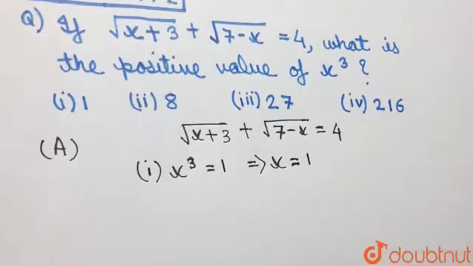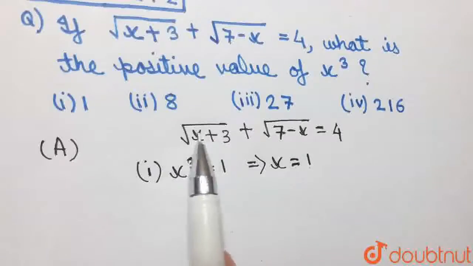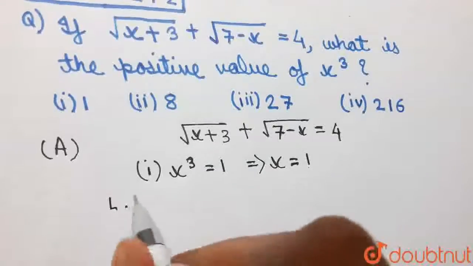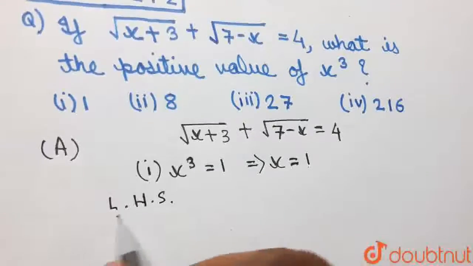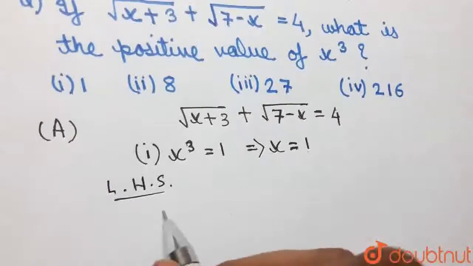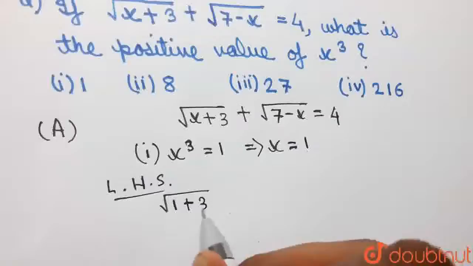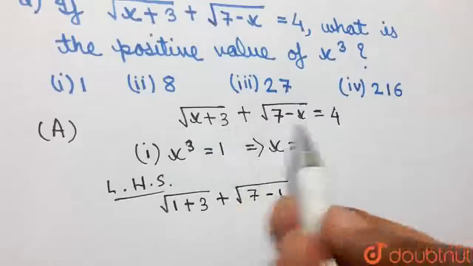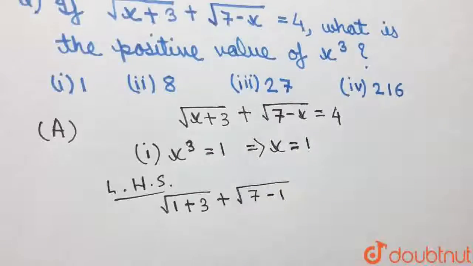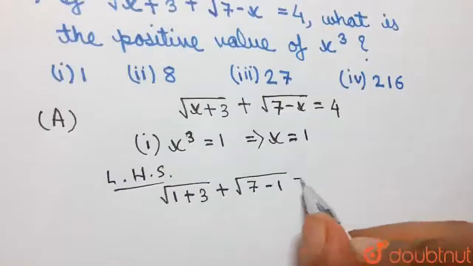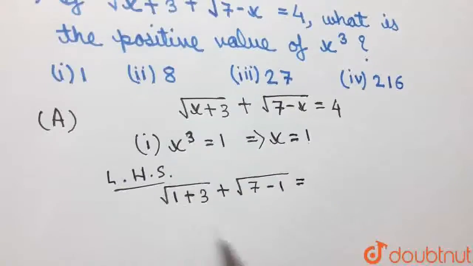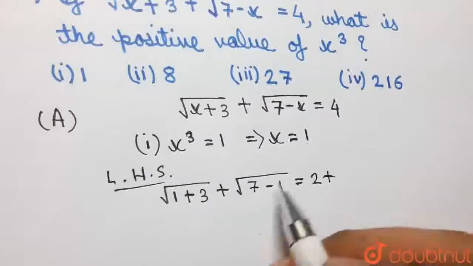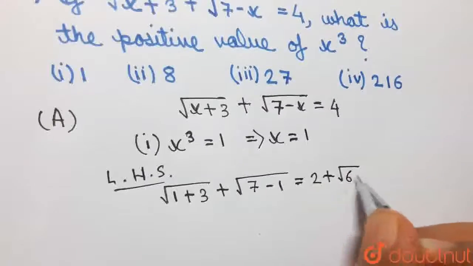Substituting x equal to 1 in the left hand side of the equation, it comes out to be root over 1 plus 3 plus root over 7 minus 1. That is root over 4, which is 2, plus root over 6.